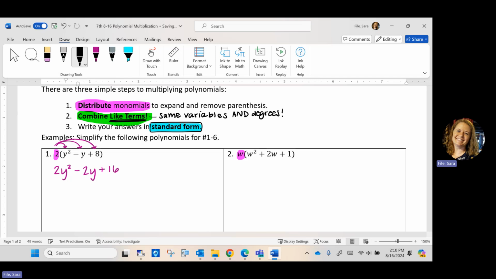Do y'all remember what order we write if there's more than one term? The largest to the smallest exponent or degree. Good. If you need to make a note of that: highest to lowest exponent or degree.